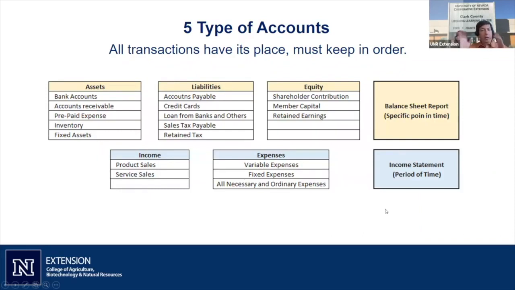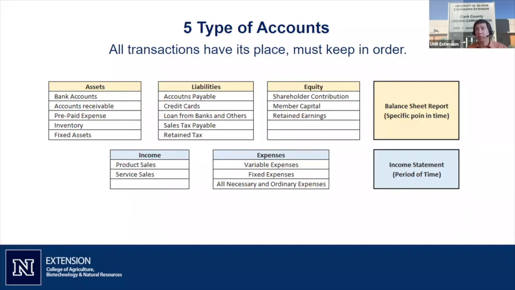This is kind of another way. I know a lot of people are visual. So this is the same 5 types of accounts: assets, liabilities, and equity. I'm pointing with my finger. You cannot see me. Okay. Income and expenses. So assets are bank accounts, accounts receivable, prepaid expenses, inventory, fixed assets.